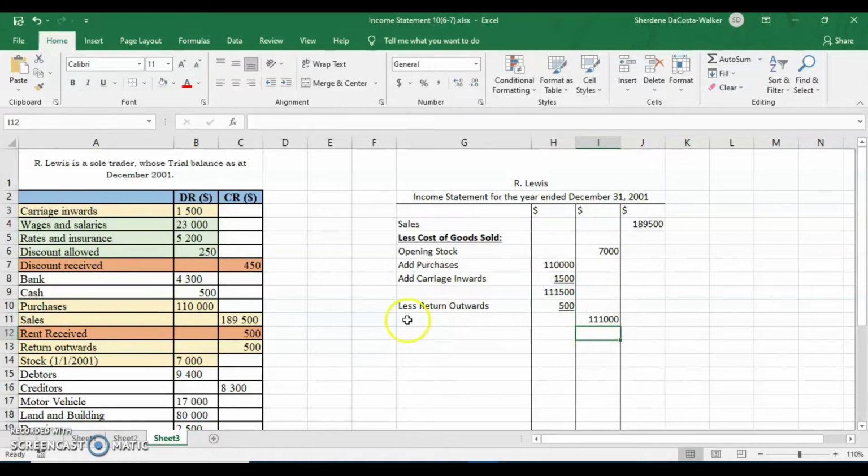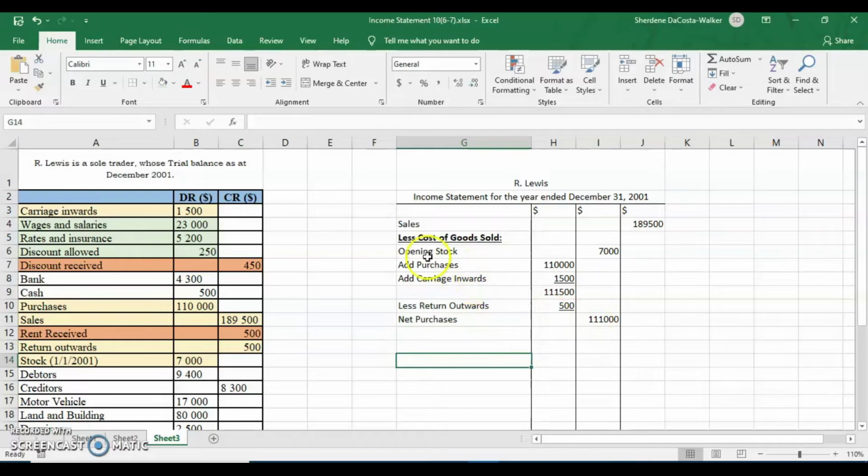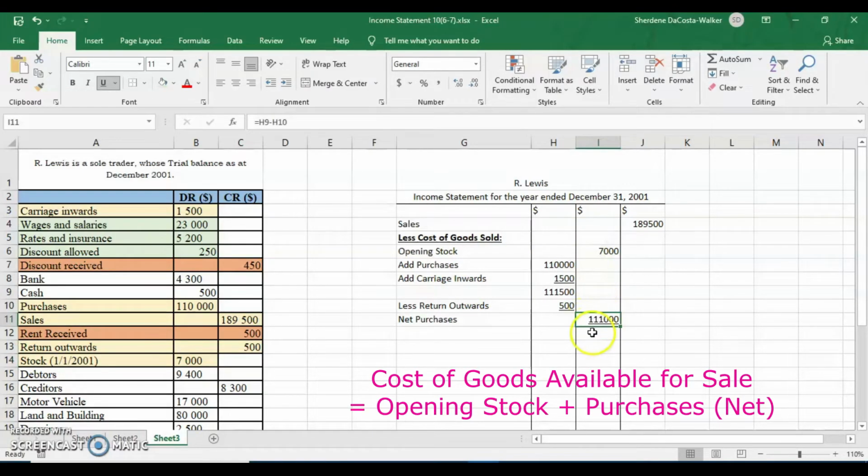This figure is known as our net purchase. All right. When you add your opening stock to your net purchase, you are going to get what is called your cost of goods available for sale. So in order for us to find the cost of goods sold, you have to find this figure.